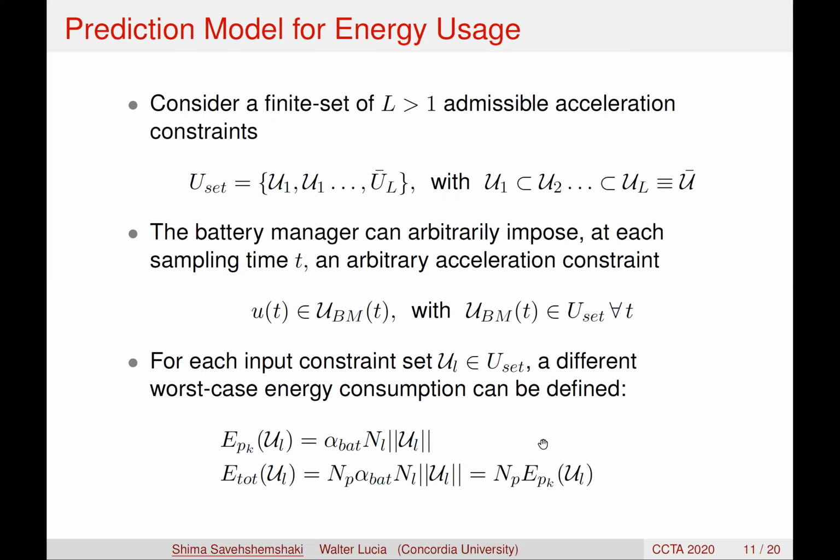The result of this formula is the energy that the EUV consumes to track one waypoint in the worst case scenario. And to see how much energy it consumes to track all the N_P waypoints, this energy consumption should be multiplied by N_P, as it is shown in this equation.